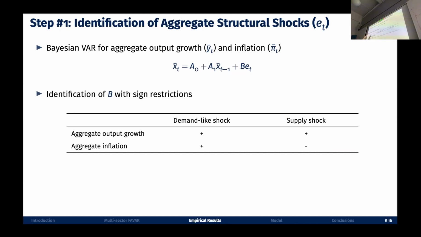So here I'm using Y bar and pi bar, okay? In an aggregate VAR, so it's an embarrassingly simple model. It's a bivariate dynamic model which I estimate with OLS. And my objective is to recover two orthogonal objects that I can label in an economically meaningful way.